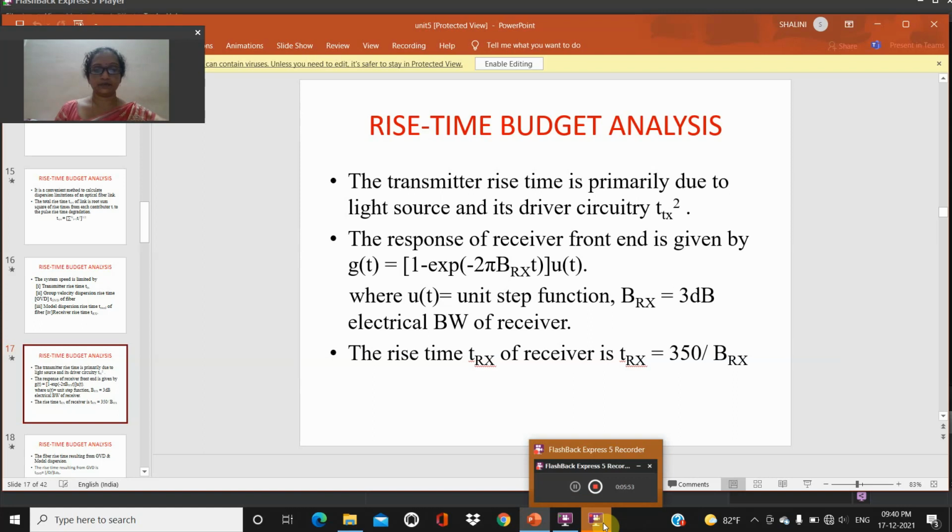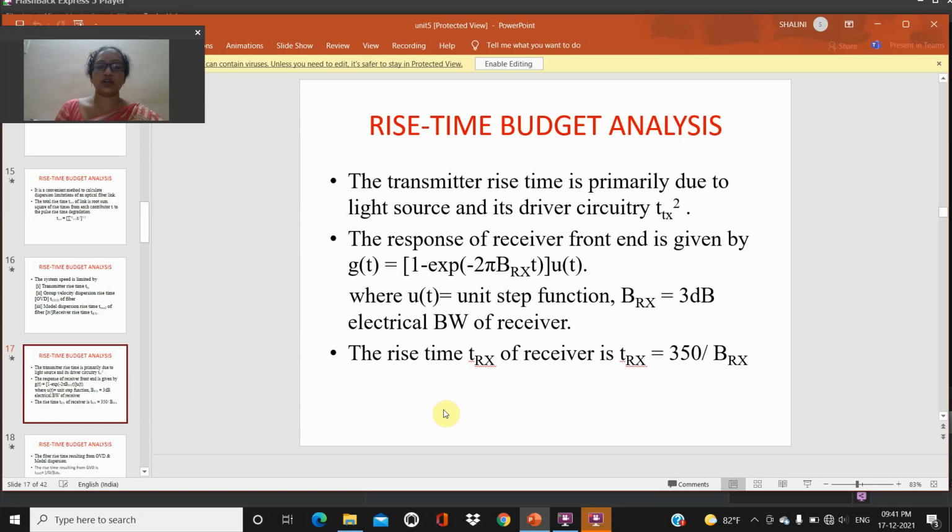Here the transmitter rise time Tx is primarily due to the light source and its driver circuitry. The response of the receiver front end is given by g of t is equal to 1 minus exponential of minus 2 pi B rx t, times u of t, where u of t is the unit step function and B rx is the 3 dB electrical bandwidth of the receiver.